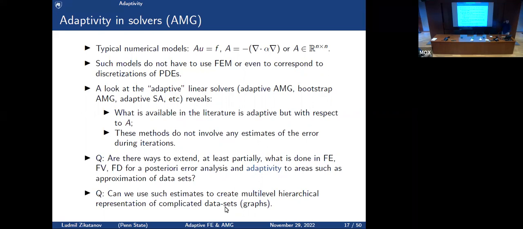Here, somehow nobody uses the right-hand side, and so we thought it's a good idea to try to bring this in. So the question is whether one can at least partially extend what is done in finite element, finite volume, finite difference to construct adaptive multi-level hierarchies of spaces.